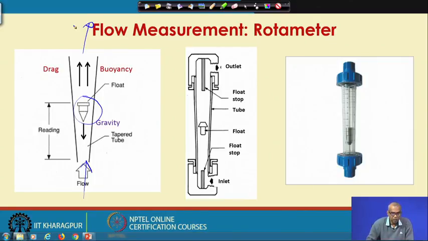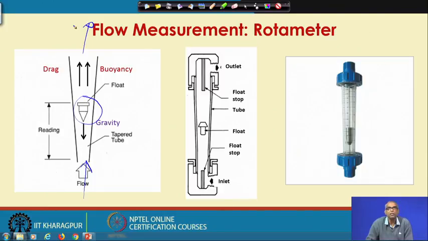Now, there are certain forces which are acting on the float, and depending on a particular flow rate, there will be a balance in forces and the float will assume an equilibrium position. This equilibrium position is the measure of the flow rate.